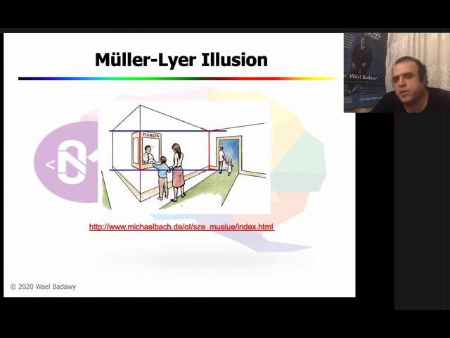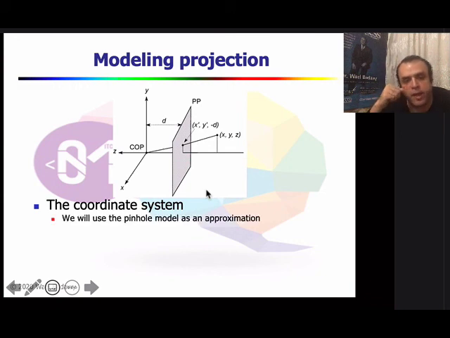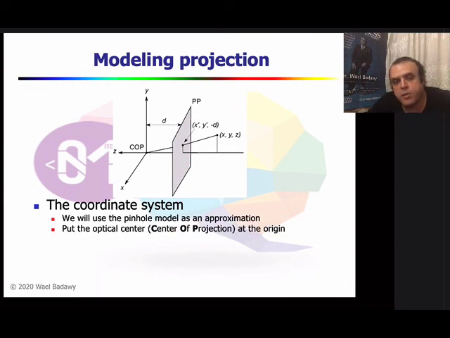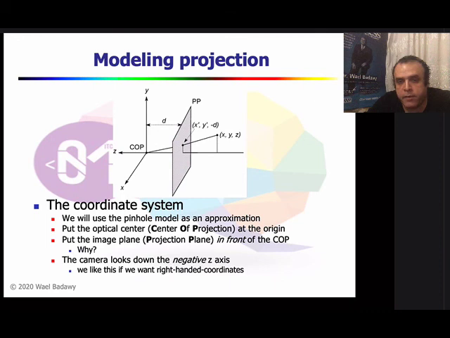If I move to the next slide, which is titled Modeling Projections, I want to understand how we will project from the center 0, 0, 0 of XYZ onto the planar space. If I understand the coordinate systems and use a pinhole model as an approximation, I will put the center of optics as the center of projection, and I will put the planar as the projection plane in front of the camera, and from this perspective, I will be able to get the camera to look at as a model.